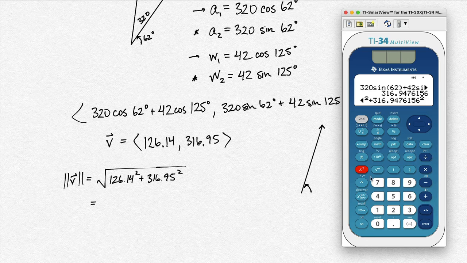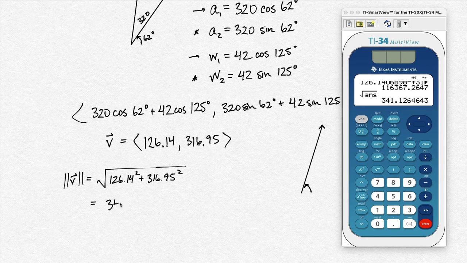And I forgot to do my square root. It's okay. I'll hit enter, and then we'll take the square root of that answer. So there is my magnitude of this vector. This is the ground speed of the airplane, about 341.13 miles per hour.